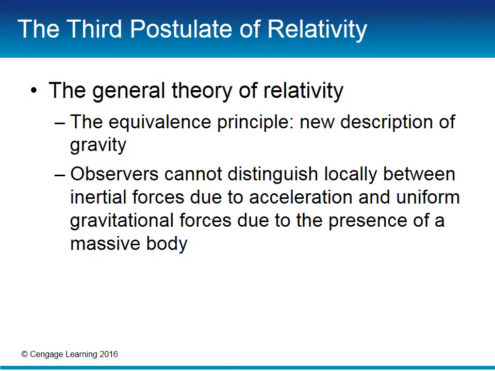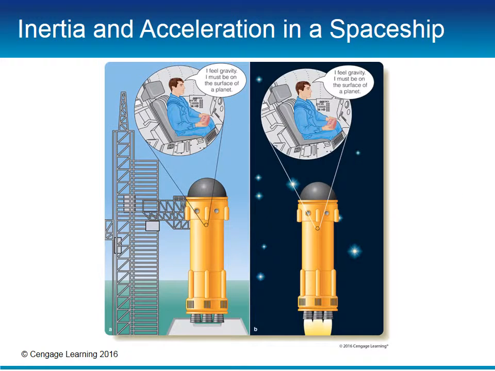The third postulate of relativity is the equivalence principle, and it's a new description of gravity. Observers cannot distinguish locally between inertial forces due to acceleration and uniform gravitational forces due to the presence of a massive body. An observer in a closed spaceship on the surface of a planet feels gravity.